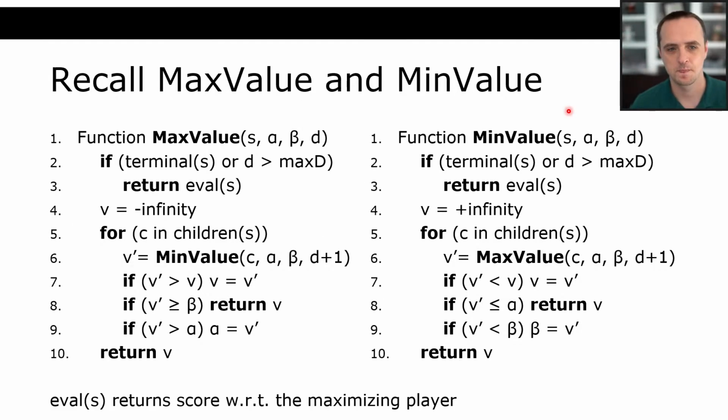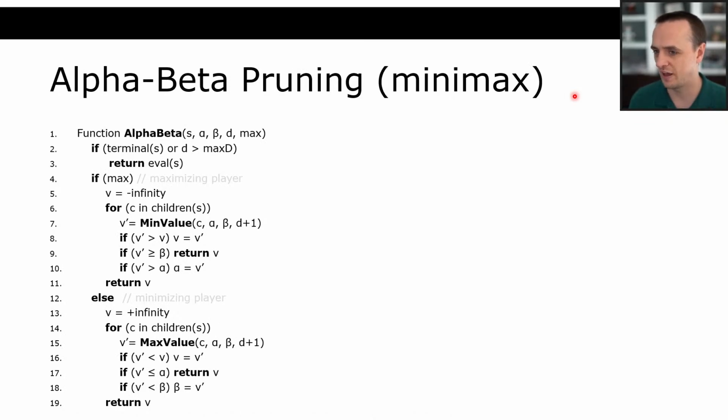Moving on. Let's recall. So these were the 2 algorithms, right? This was my MaxValue algorithm with AlphaBeta. This was my MinValue algorithm with AlphaBeta. And just like I turned MinValue and MaxValue into MiniMax, I can turn them into one function with AlphaBeta as well. It's starting to get a little bit long here, okay?